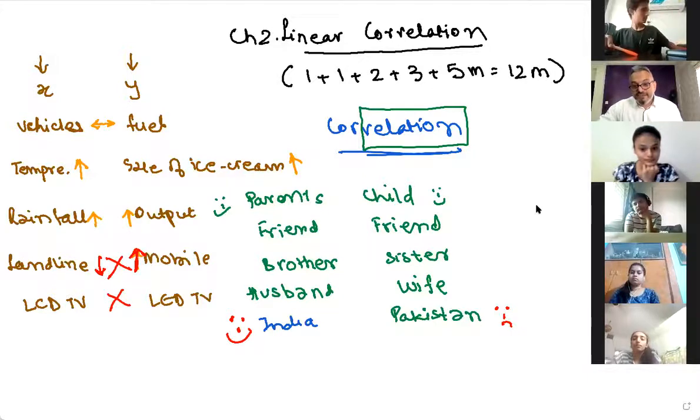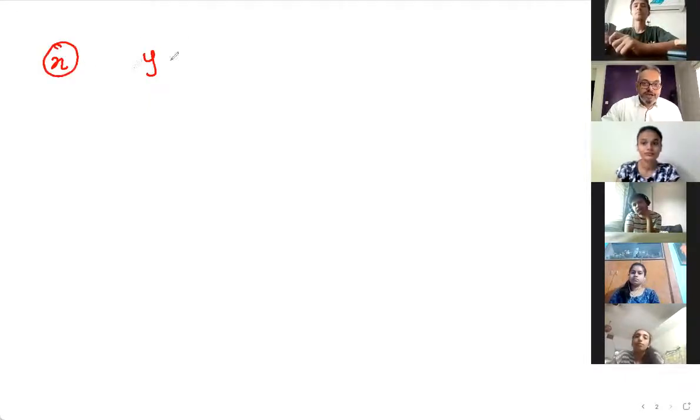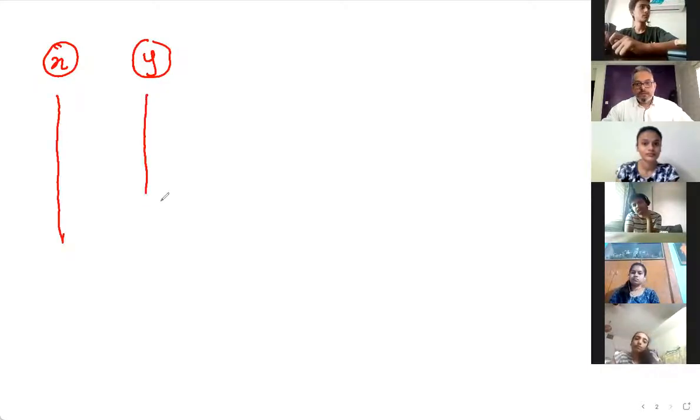But let's take a case where I give you X, I give you Y, I don't tell you what X is, I don't tell you what Y is, and they are just numbers. Now, how can I say that they are directly related?